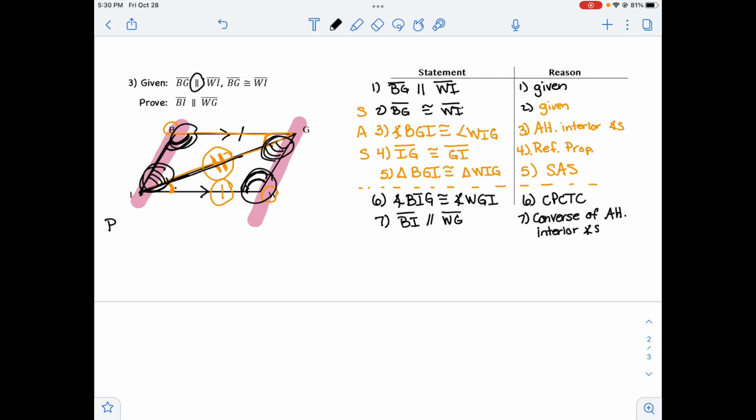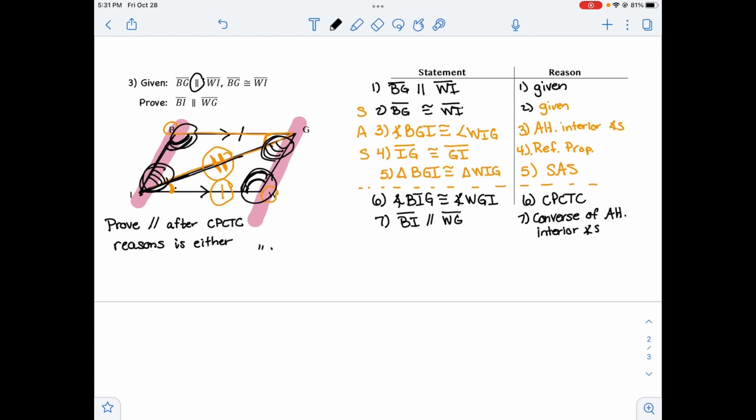So to prove parallel lines, after we've done our CPCTC, we have a couple of reasons. You have two choices.